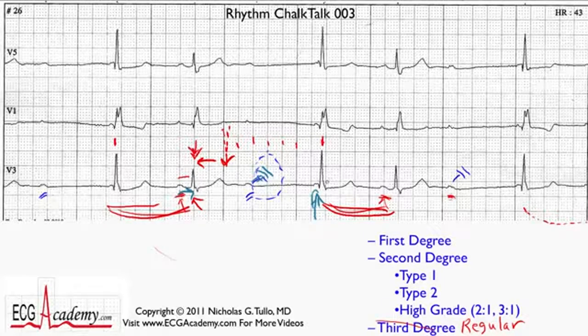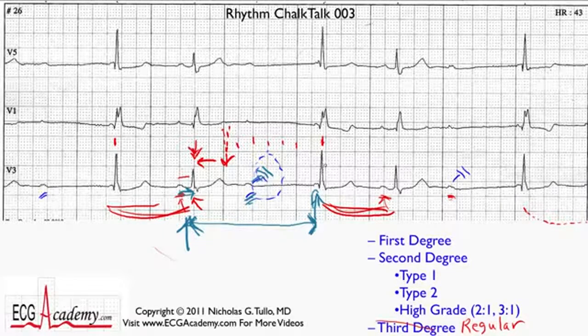Think of it this way. This patient's AV node is not working, right? So this beat was conducted okay, but when this beat blocked, you have this long interval where there are no heartbeats, and the ventricles start to say to themselves, we've got to do something. We can't just let this person die.